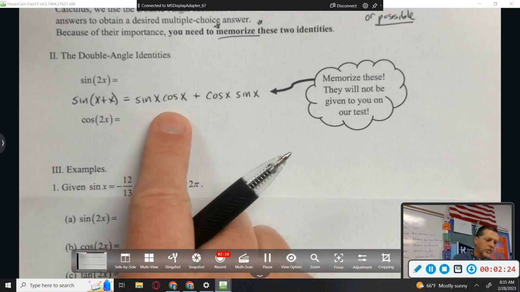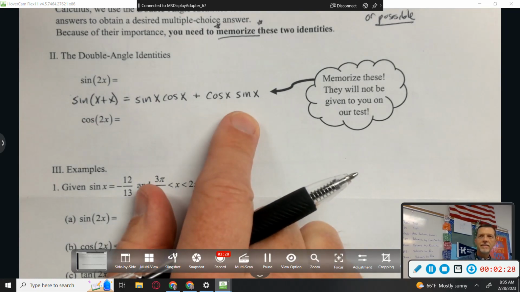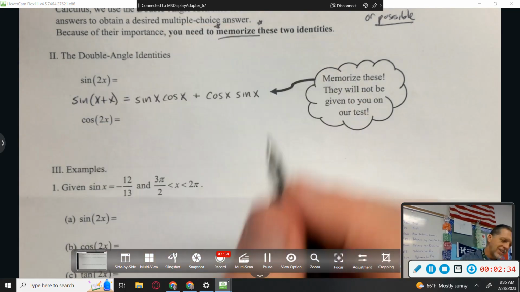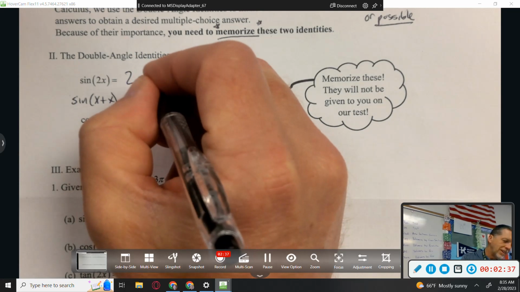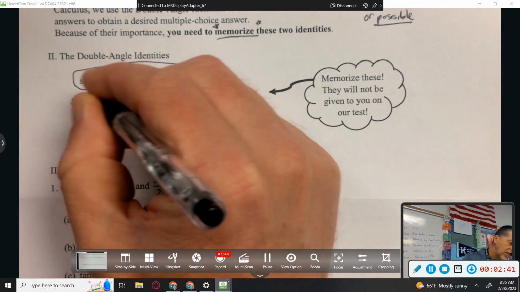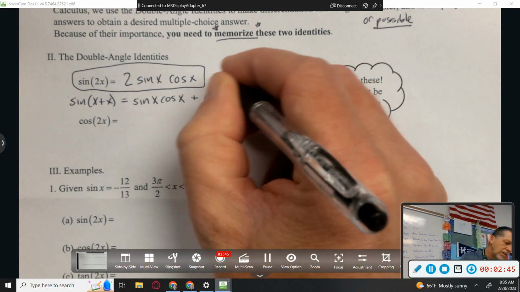Well, sine x cosine x plus cosine x sine x, what does that equal to? Or how many of them are there? 2 of them. 2 sine x cosine x. So there's your double angle formula.